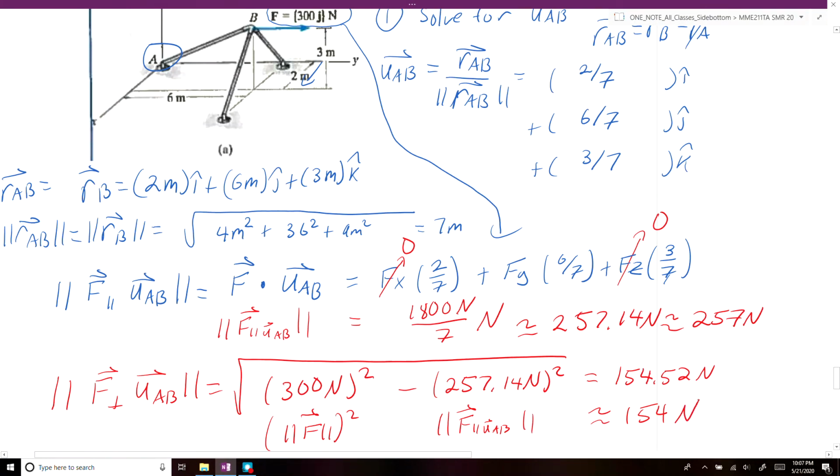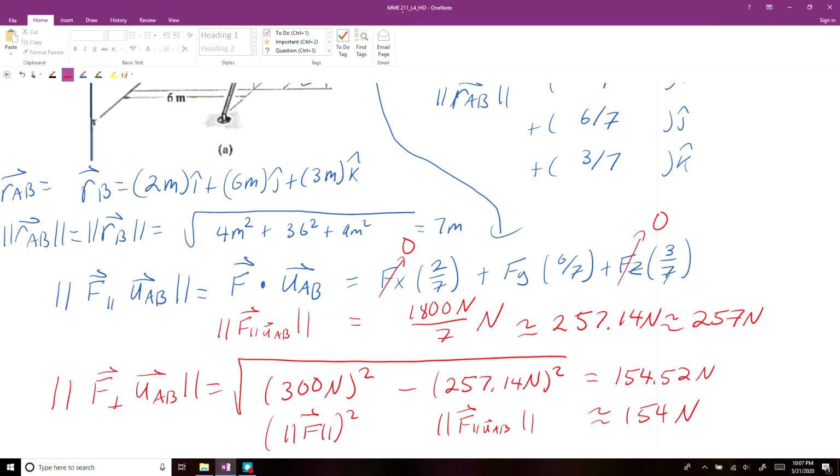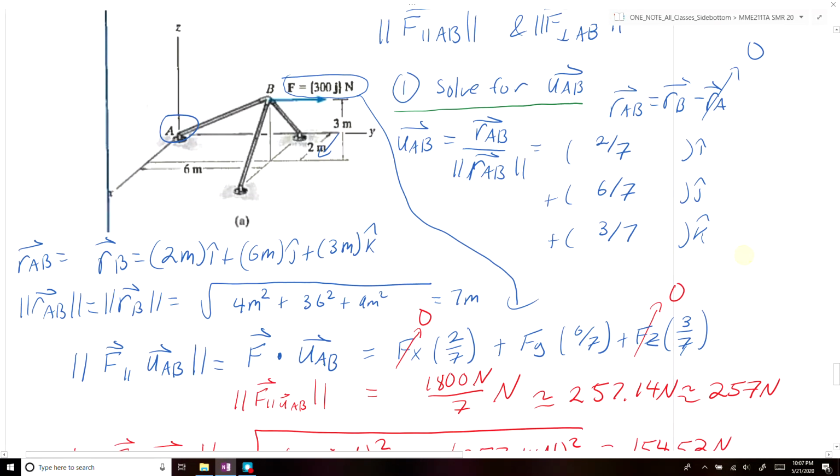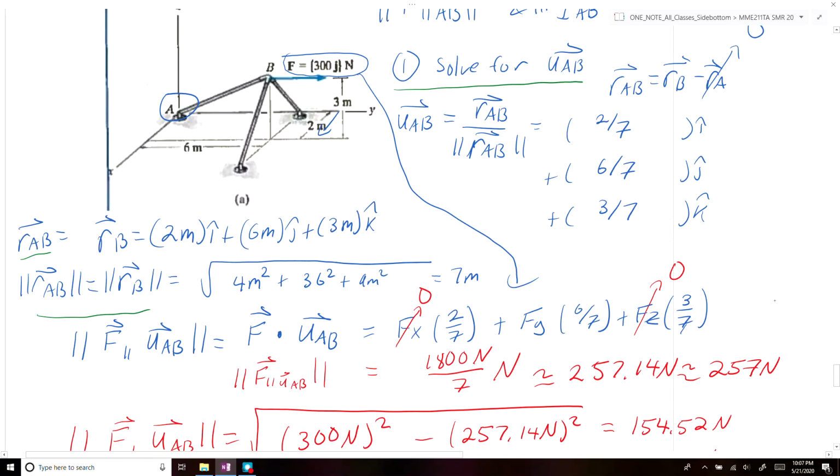Just to recap what we did, we first solved for our unit vector UAB using the position vector RAB and its magnitude. Once we had the unit vector UAB, we then took the dot product of UAB with our force vector in order to get the parallel component of the force along member AB.